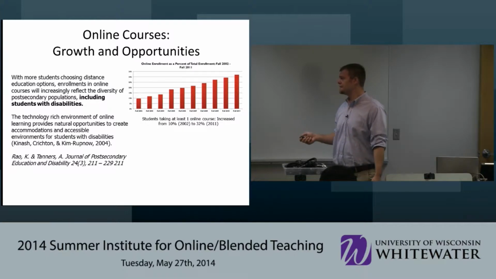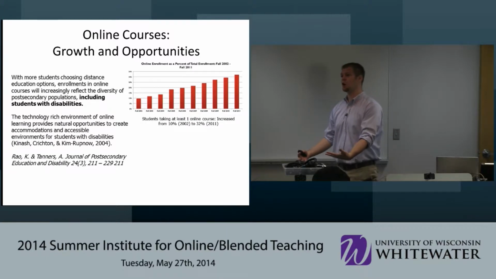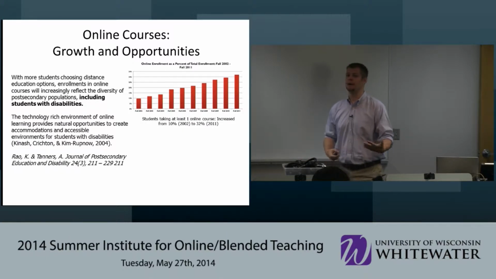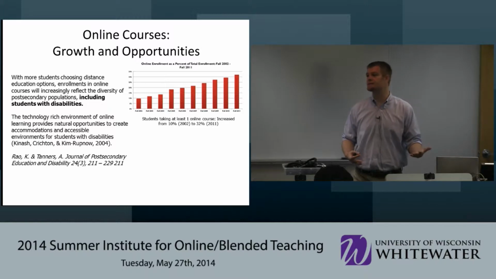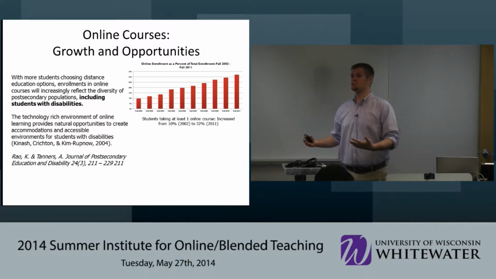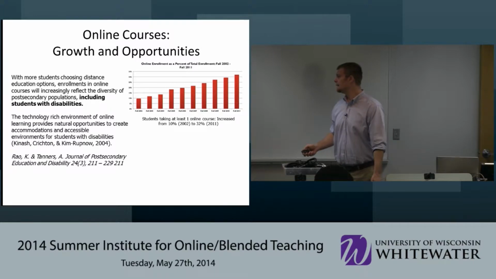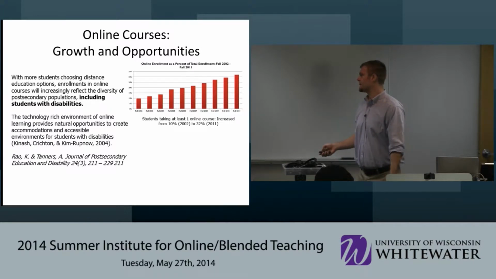Especially for individuals with disabilities, for some students, they can't physically get here. And so an online learning platform is the only way that they may be able to access higher education. And so at times that poses more problems, but it also gets them access to something that they might not have physical access to. And that was from the Journal of Post-Secondary Education and Disability.